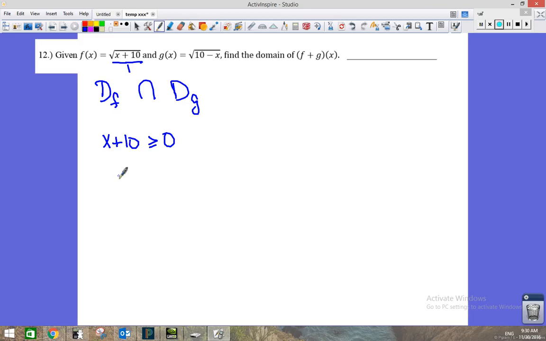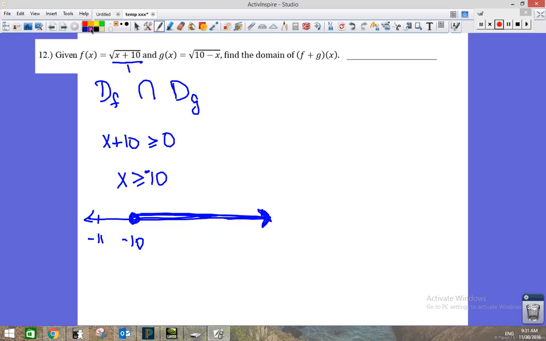And if we solve for this, we have to plug in values that are -10 or bigger, if I subtract 10 from each side. So if I have a -10, I need to be larger than -10 in order to take the square root. If I had a number like -11, -11 plus 10 is the square root of -1, and in the set of real numbers, that's undefined. So my domain for f, I've got a picture of it here.